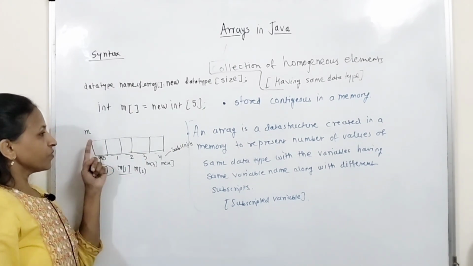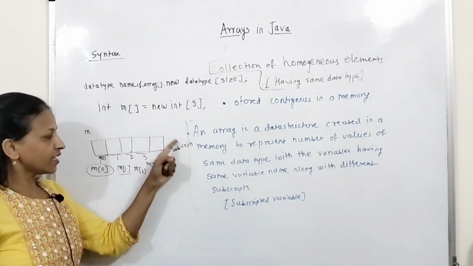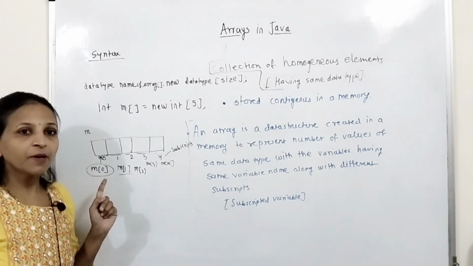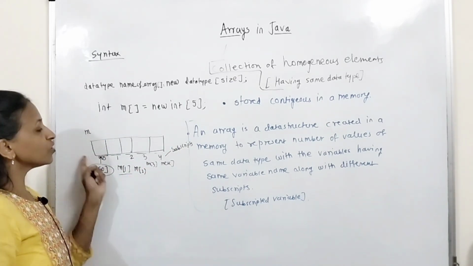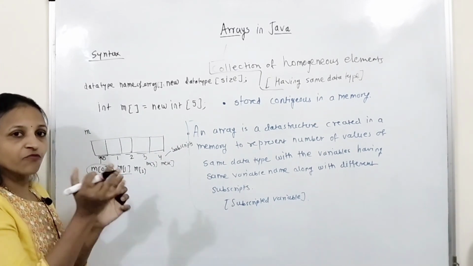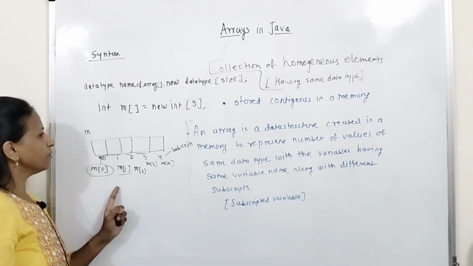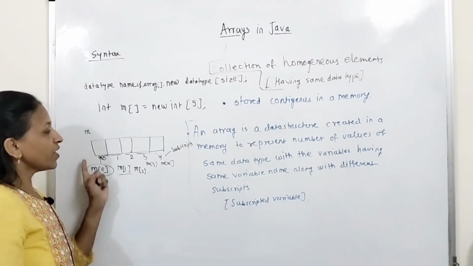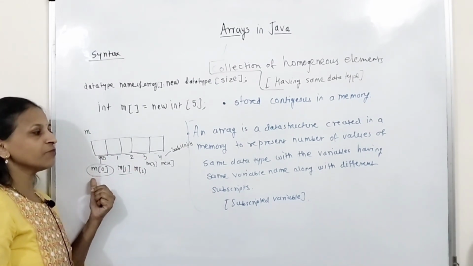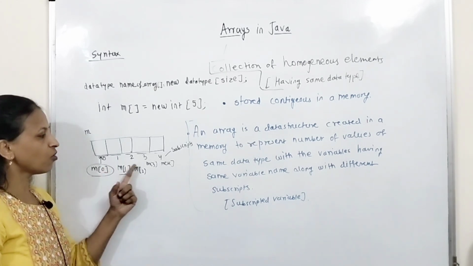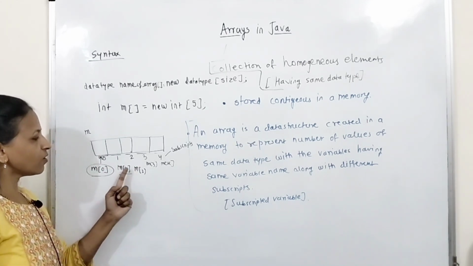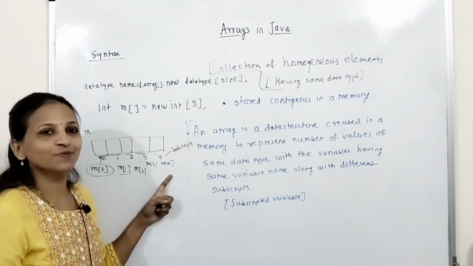Okay, see, an array is a data structure which is created inside memory to represent a number of values or a group of values of the same data type with the same variable name, all are having it. Along with it we have to use a subscript, a different subscript.